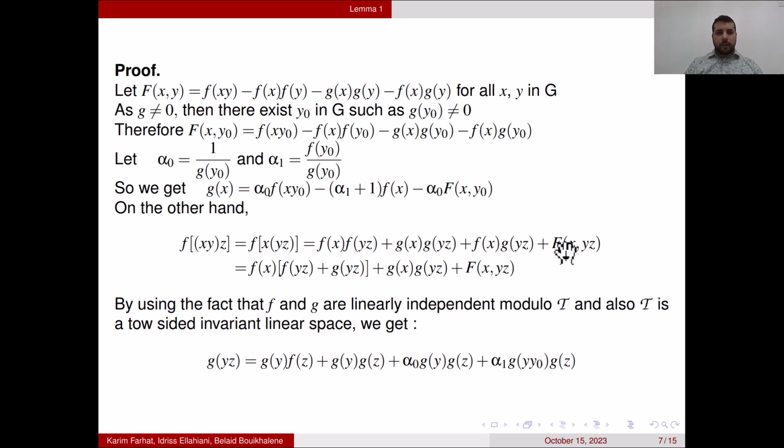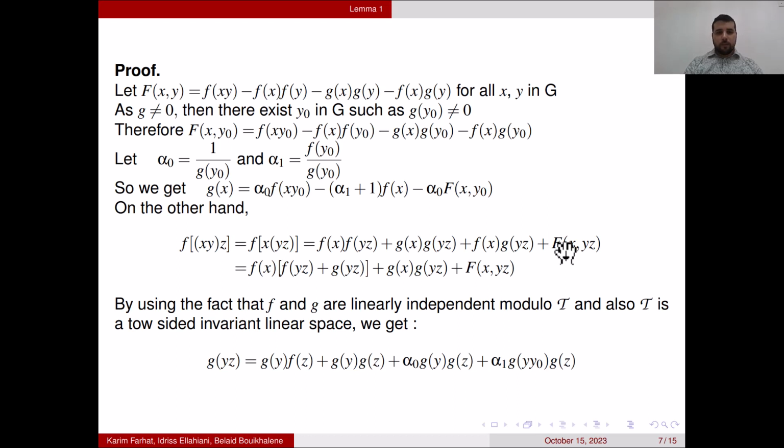Let F(x,y) = f(xy) − f(x)f(y) − g(x)g(y) − f(x)g(y) for all x and y in G. As g is not equal to 0, there exists a y0 in G such that g(y0) is not equal to 0.